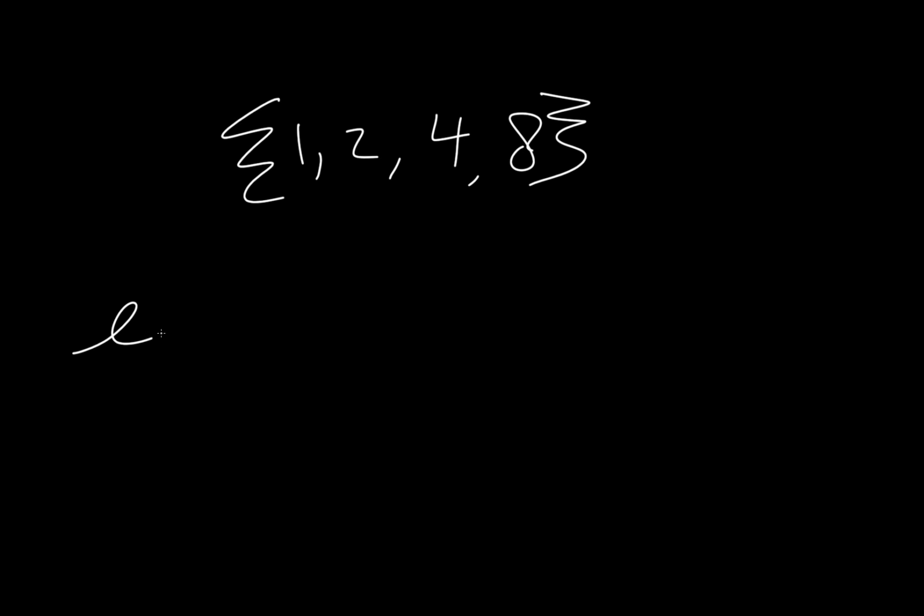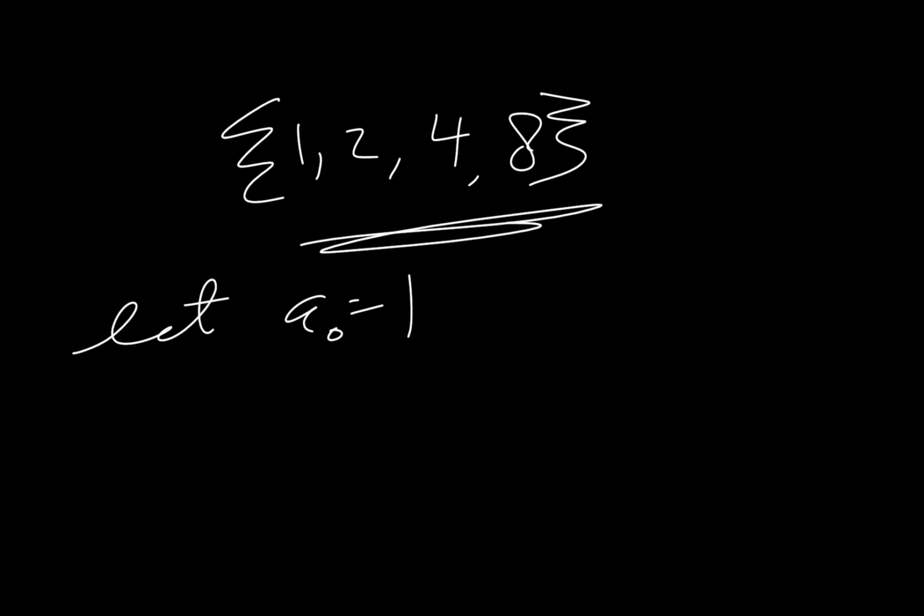We're going to let a sub 0 equal 1, and we want to see a recurrence relationship that matches this data. Okay, so what we're going to do is it's going to be this notation, a of n. Now we need to see what type of growth we have. So we're multiplying by 2, multiplying by 2, multiplying by 2.